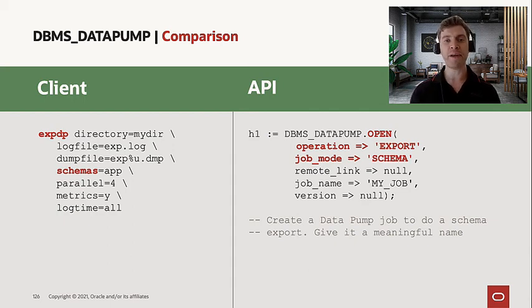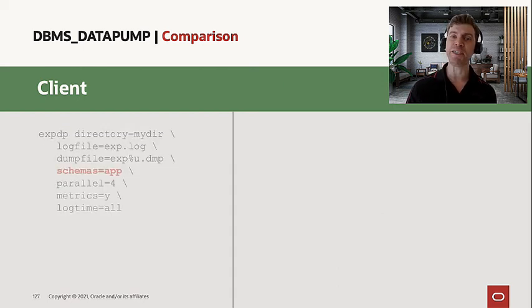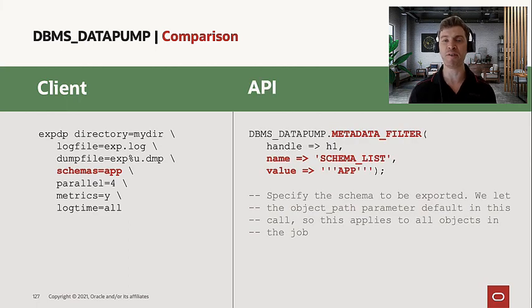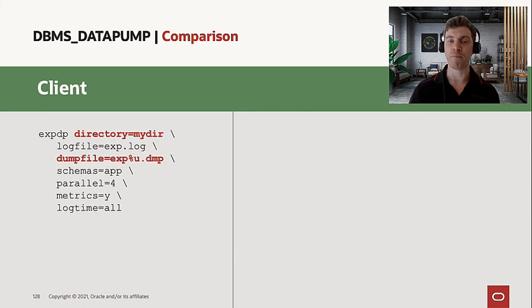Now from this point, everything that we want to change in this export job, we are going to use this h1 variable. So for example, again, the schema is equal to app, so we need to add a filter here. We use the metadata filter procedure, and we specify that the schema that we are using is just the app schema. Also, we have a dump file, so you use the add file procedure.